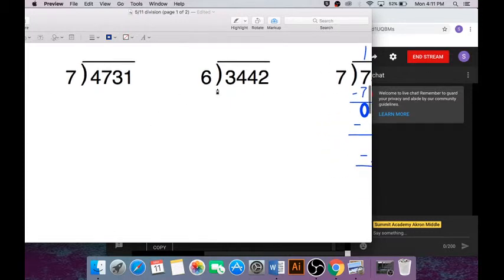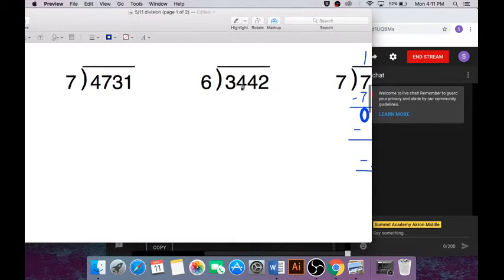Okay. Our next one, we have 3,442 divided by 6. 6 doesn't go into 3, so we're going to move over and see how many times 6 goes into 34 without going over. It's going to be 5 times. 5 times 6 is 30.